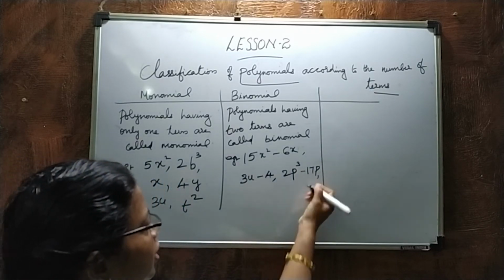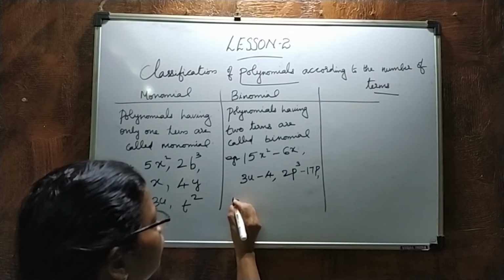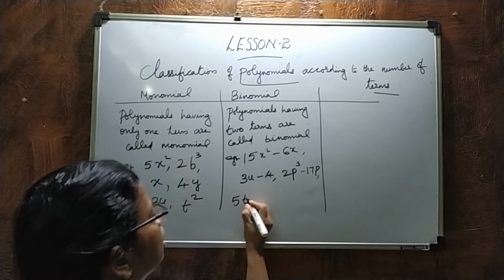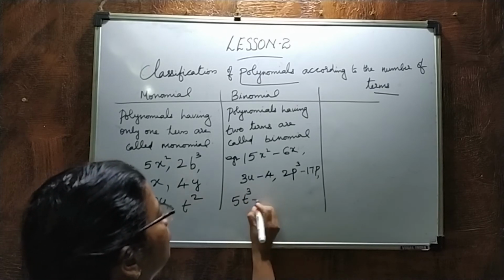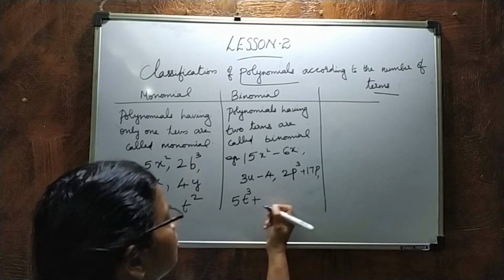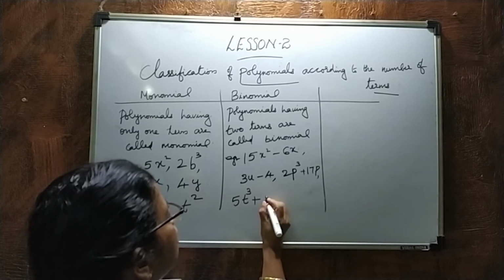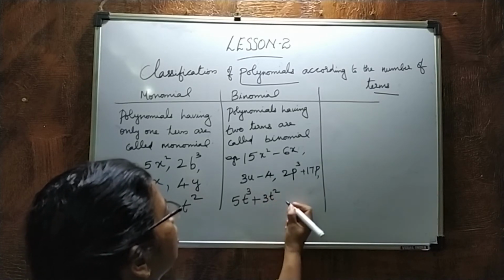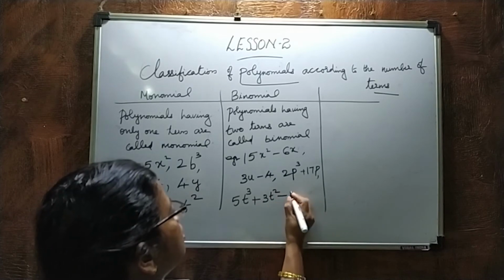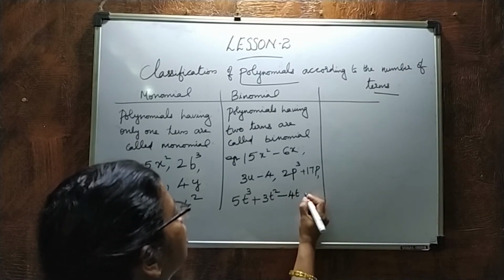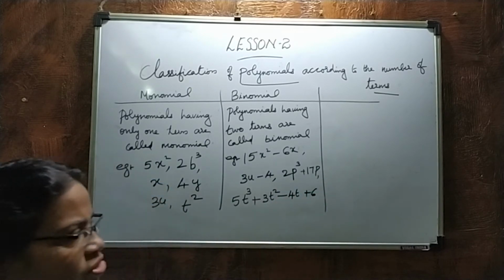Then again, 5t cube plus 3t square minus 4t plus 6.